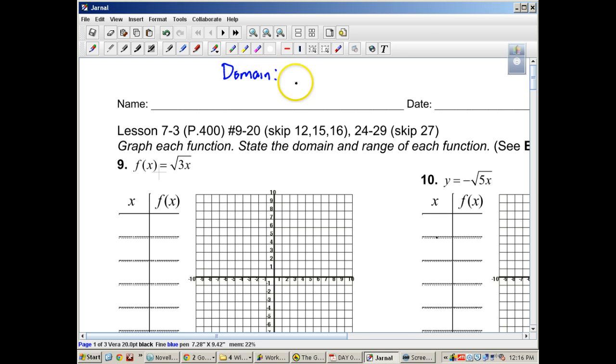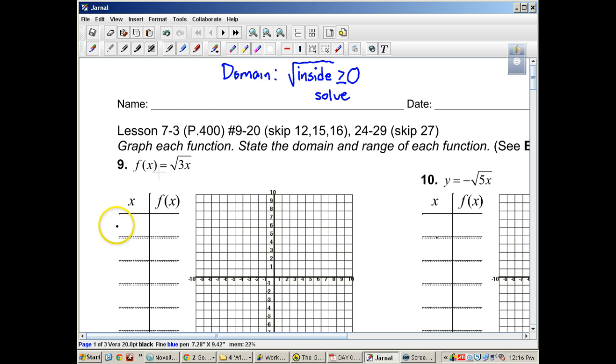You're going to take whatever's inside the square root, set it greater than or equal to 0, because inside the square root you need 0 or positive, a number bigger than 0. Then solve, if necessary. That's going to be your domain. That's also going to let you know where to start on your t-chart.